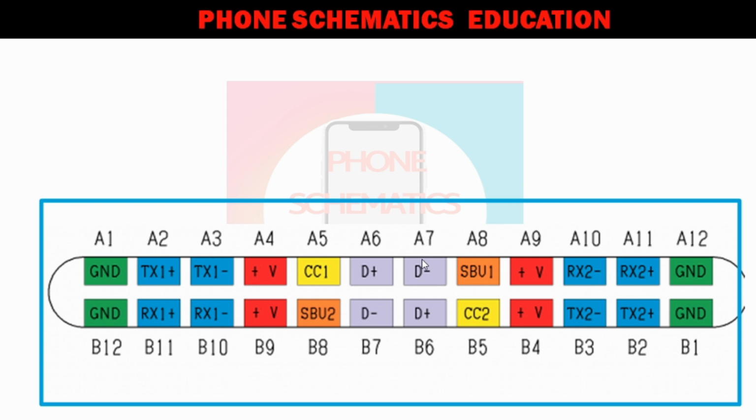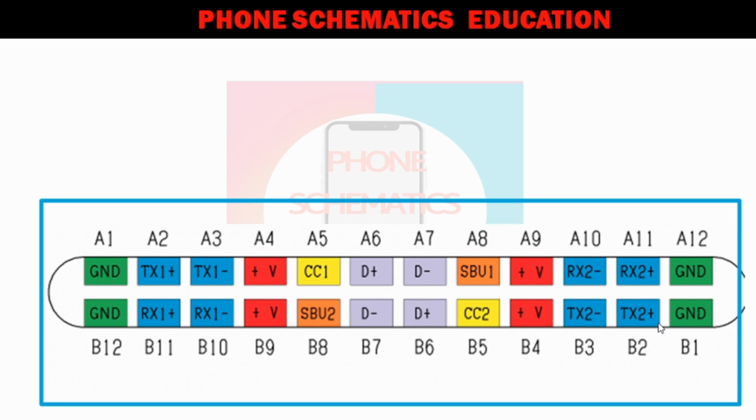Now D plus, D minus, data positive, data negative are USB 2.0 data transfer pins, speed up to 640 Mbps. SBU1 side works like an ID pin or for audio and video data transmission, right? Same voltage. Now RX2 plus and RX2 minus, these two are also data pins.